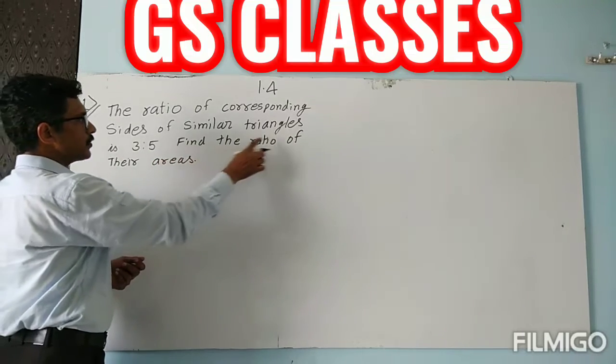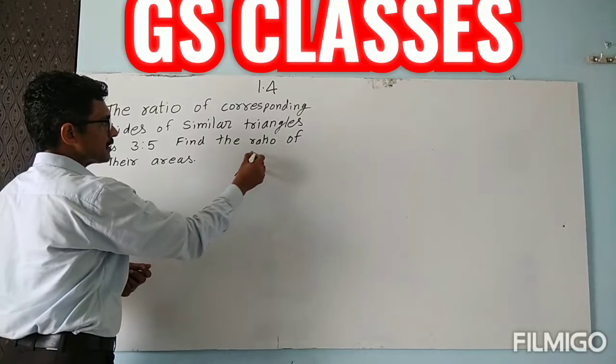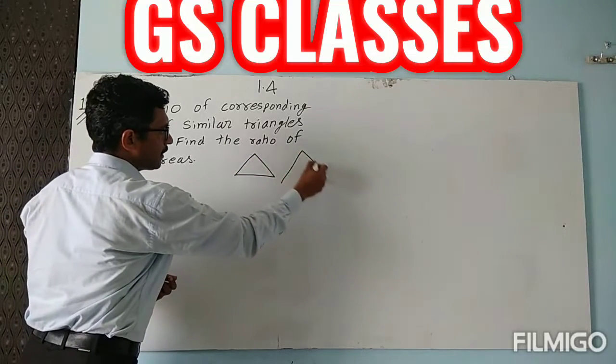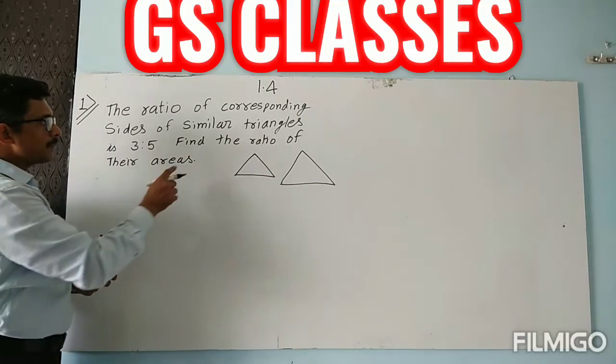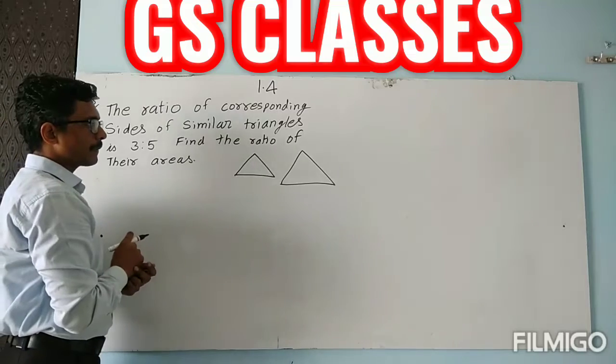Find the ratio of their areas. It means if two triangles are given and they are similar, then you have to find the ratio of their areas.